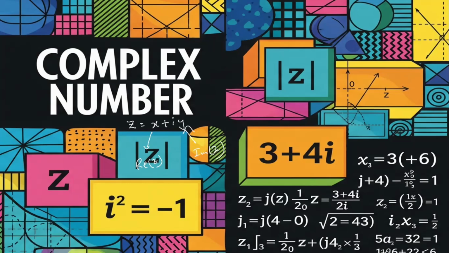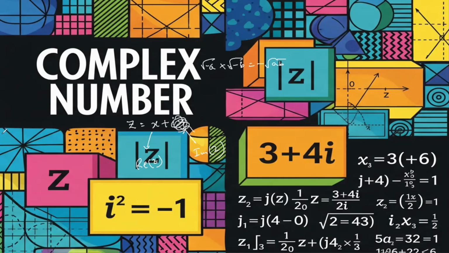Also, we have learned that if y becomes 0, then this term is not present, so z becomes x, which is a purely real number. On the other hand, if x becomes 0, then it becomes a purely imaginary number. Also we have learned that root of -a times root of -b is equal to -root of ab.